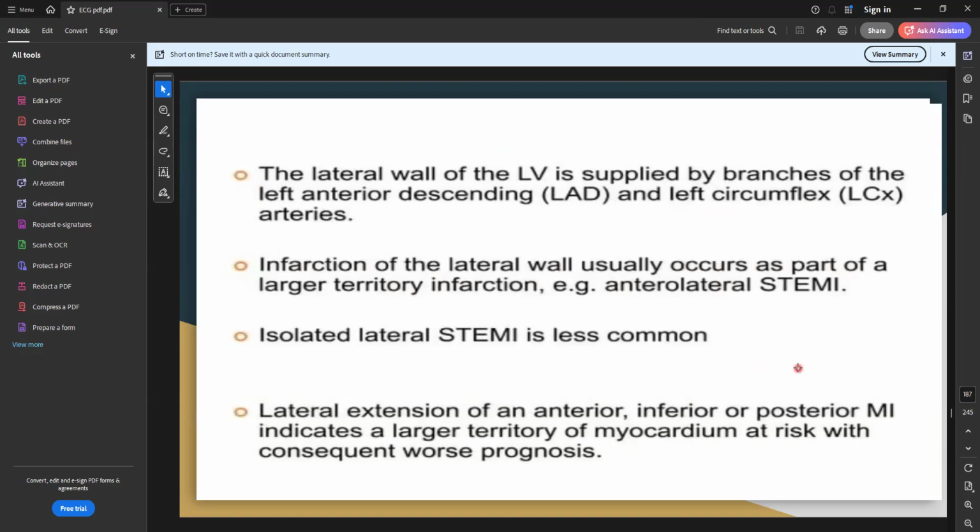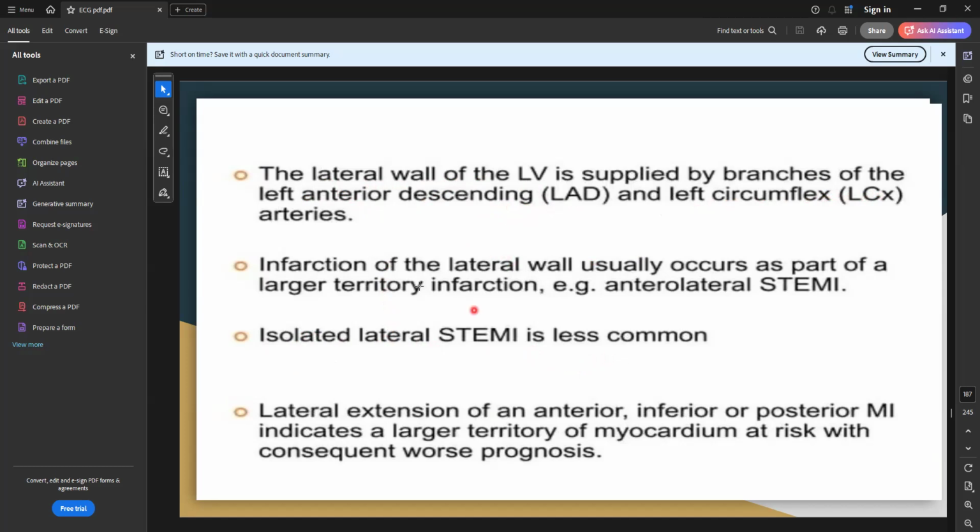I will be showing the extensive lateral wall STEMI. This lateral wall is supplied by the branches of the anterior descending artery. Whenever there is occlusion or atherosclerosis of the left anterior descending artery and the left circumflex artery, you will come across a lateral wall STEMI. Isolated lateral wall STEMI is always very uncommon.